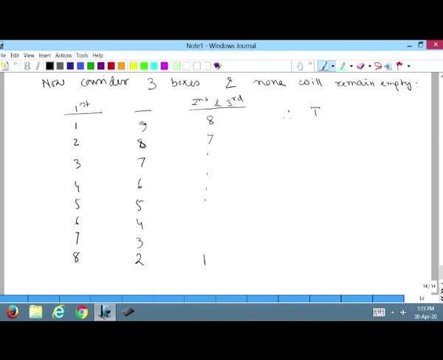Therefore, the total number of possibilities is equal to 1 plus 2 plus up to 8, which is 8 times (8 plus 1) divided by 2, which is equal to 36 different ways.